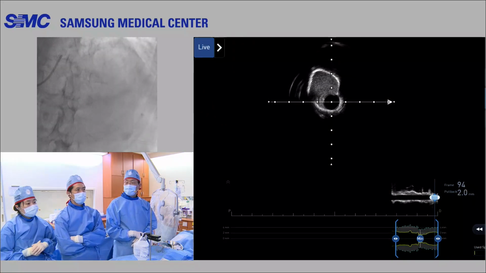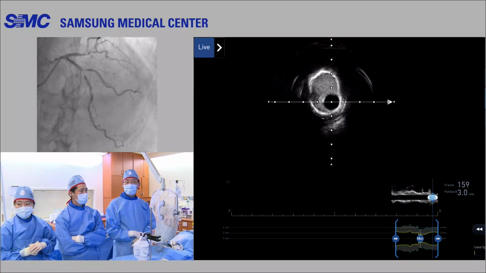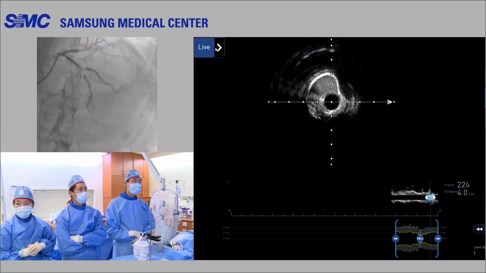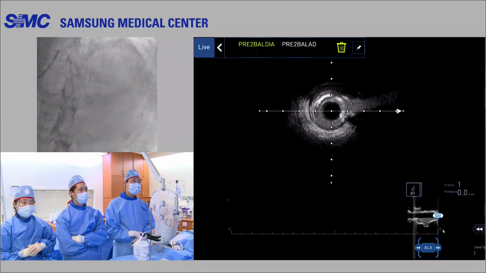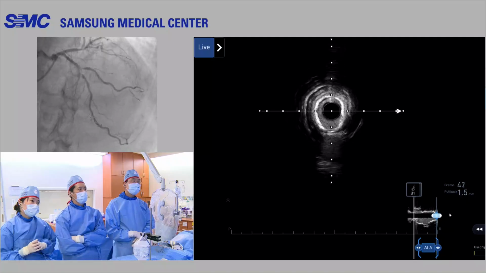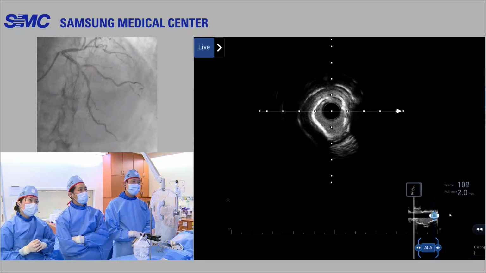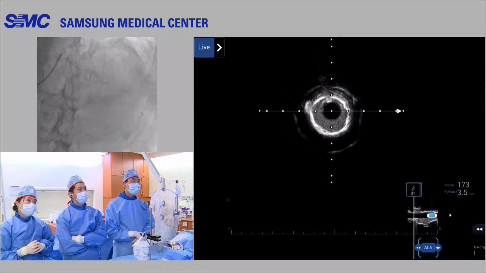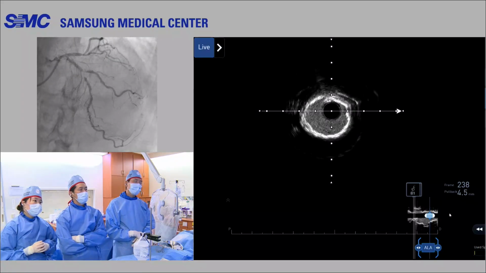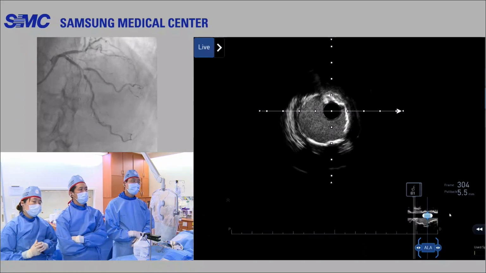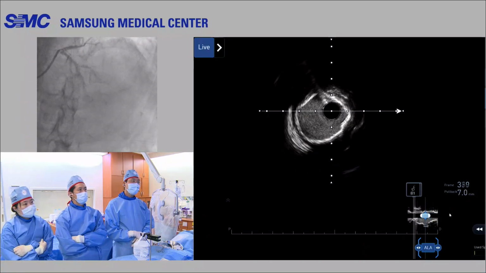The next, IVUS from the diagonal. Yeah, also encircling calcium. But lumen is 2.0, 2.5 here, even 3.0.